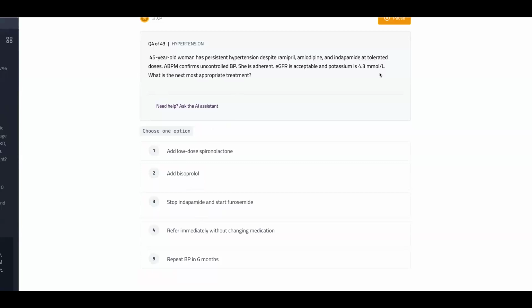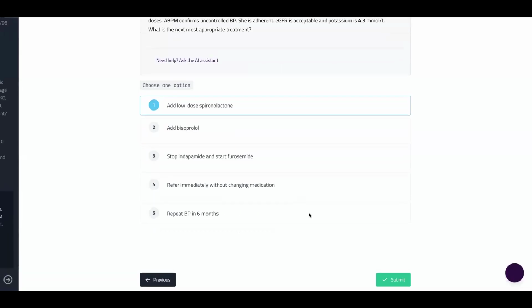Potassium 4.3. Marwan: add low dose spironolactone. Yes, because also we can add.